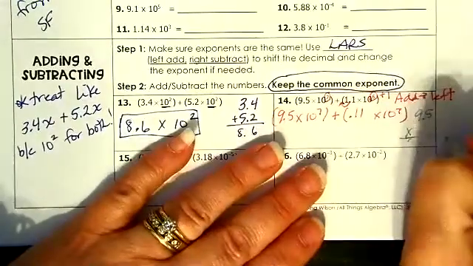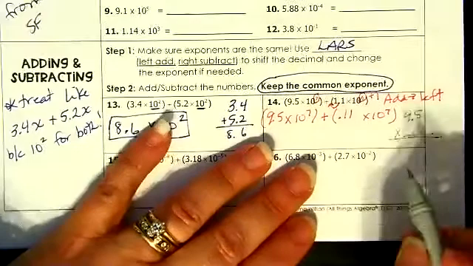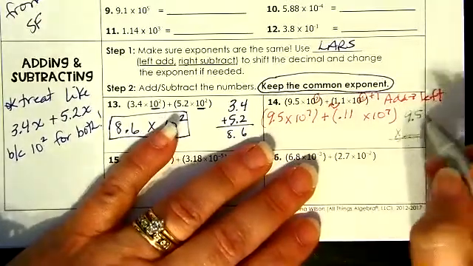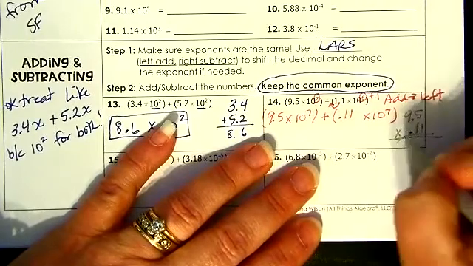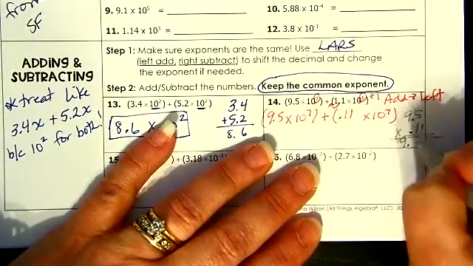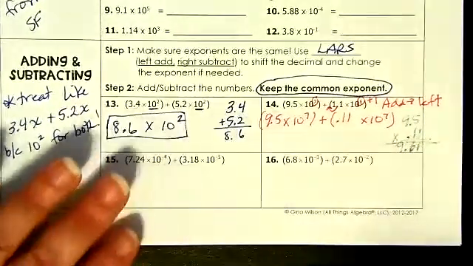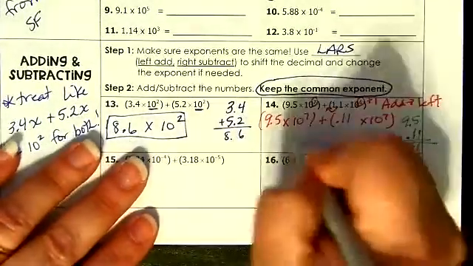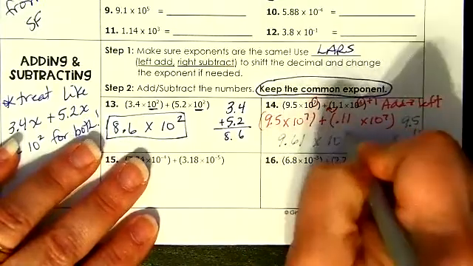All right. So we have 0.11, so we have 9.61, which is going to give me 9.61 times 10 to the 7th.